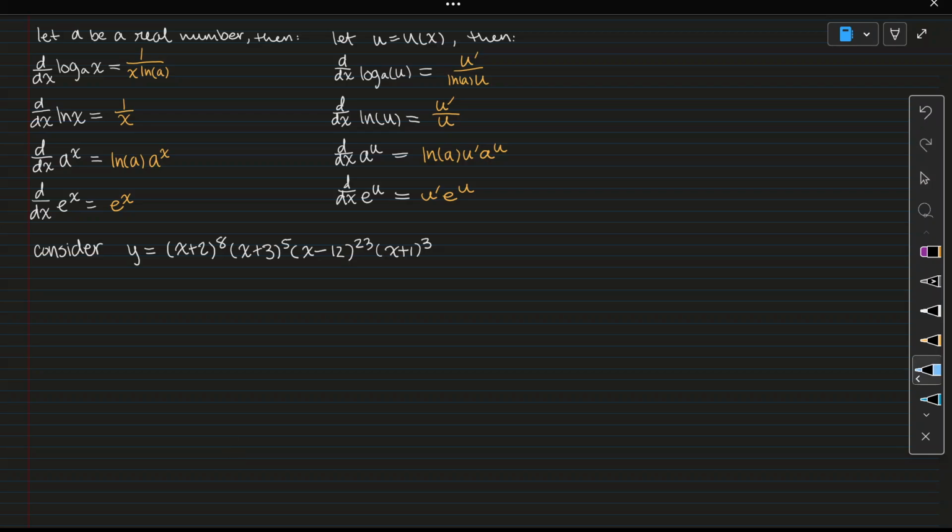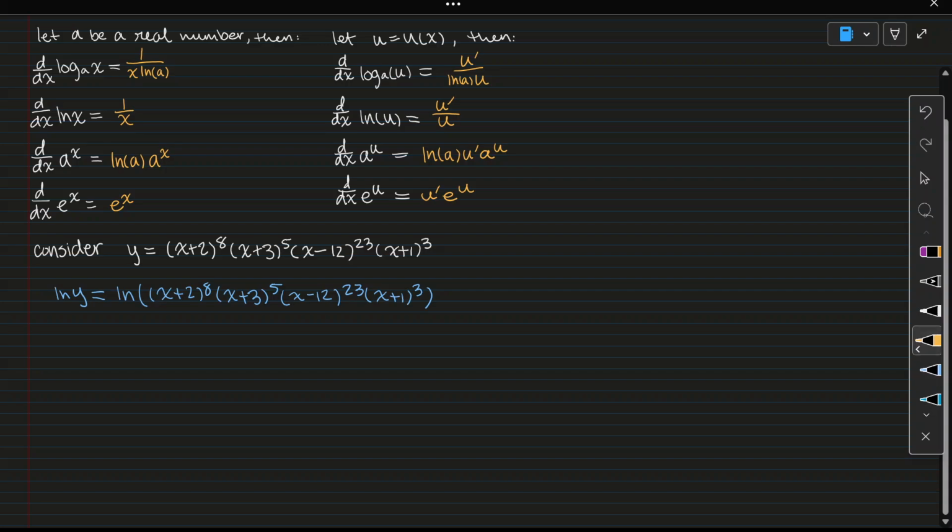And here's why. So if I take ln of both sides, ln of y equals ln of all of this mess, (x plus 2) to the 8th, (x plus 3) to the 5th, (x minus 12) to the 23rd, (x plus 1) cubed. So I can use some log rules here to make this simpler.